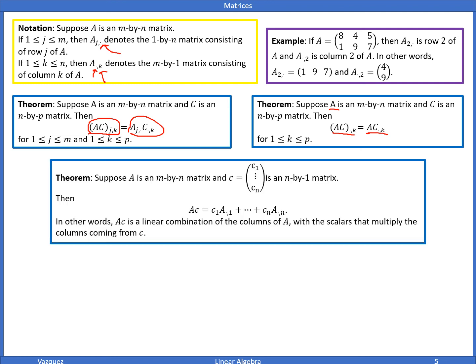Now suppose A is an m by n matrix, and C is this C1 to Cn matrix, an n by 1 matrix. Then A times C is the linear combination C1 times the first column of A, and so on.